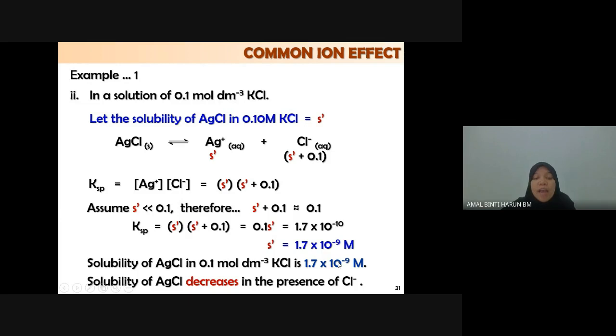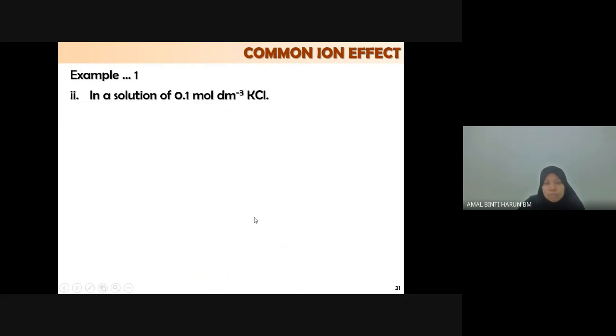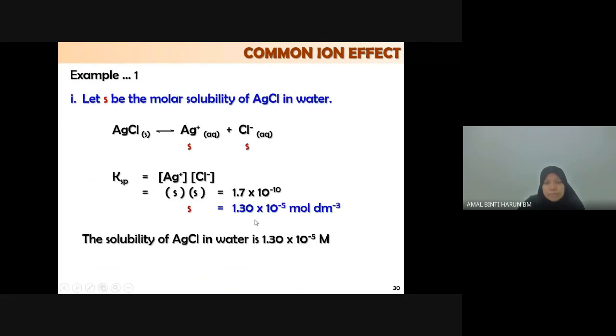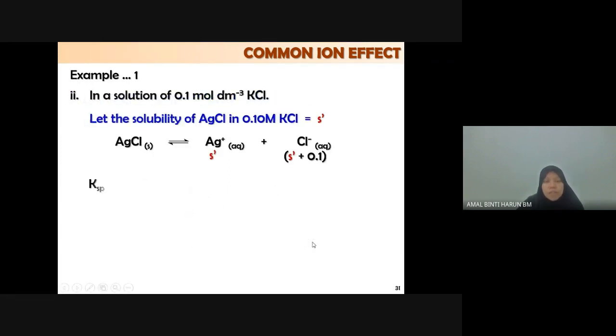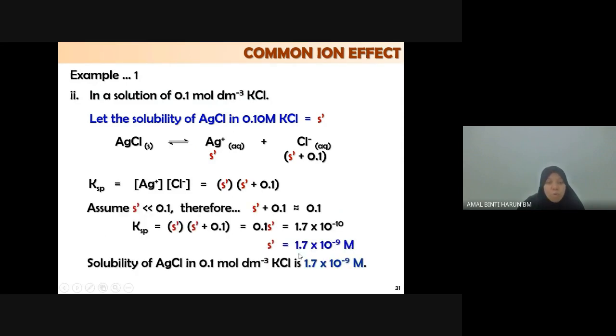Just now tadi exponent negative 5 kan? Silver chloride dalam air. So solubility silver chloride, ya, yang tadi yang saya suruh ingat tu. Ni, dalam water 1.3 exponent negative 5. Okay, now kita compare ke larutan dalam silver chloride ke potassium chloride pula 1.7 exponent negative 9.